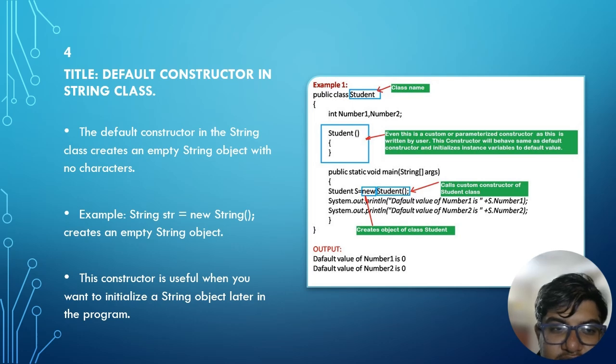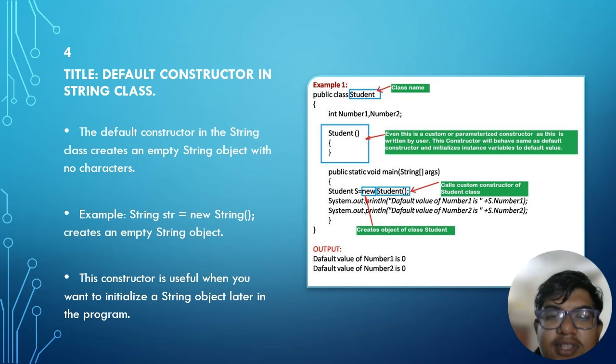In the example, the class name is student, and you're calling the default constructor student, which is not parameterized. So it creates an empty string and you can define later on what that string does. This constructor is useful when you want to initialize a string object later in the program, when you want it while the program is going on.